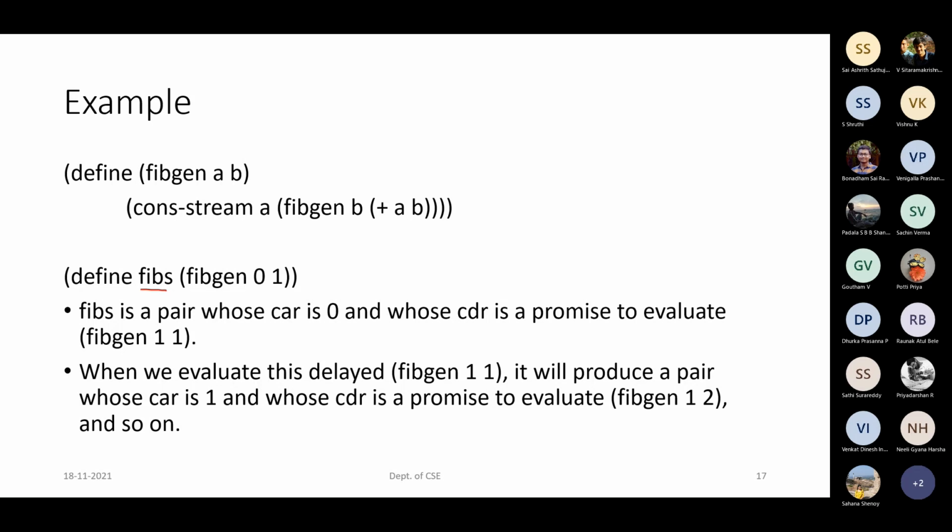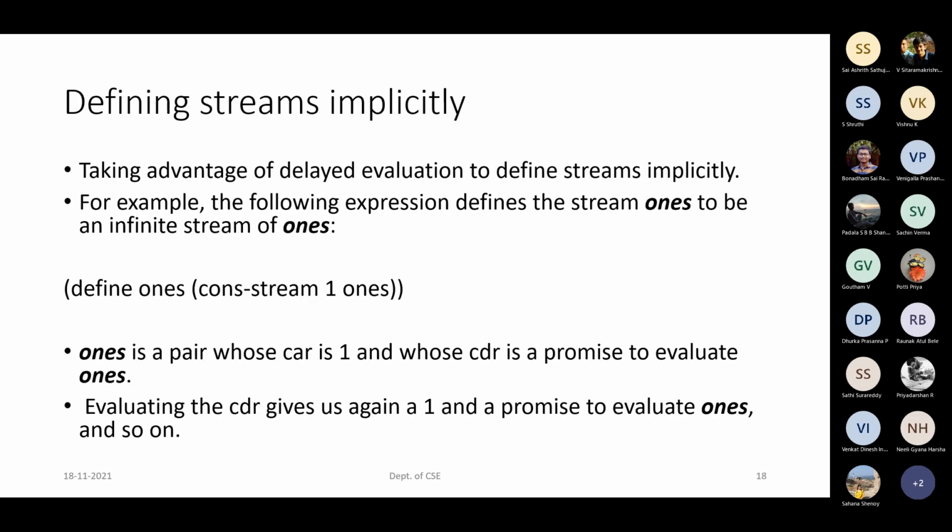Otherwise also, the streams can be considered to be implicit. What is this implicit? Here also we are taking advantage of the streams concept, where we can reuse the same variable in the later part, because the streams will have only one value at a time.